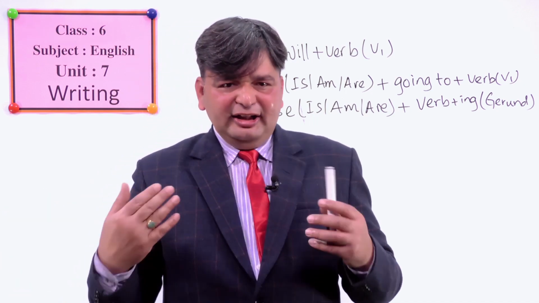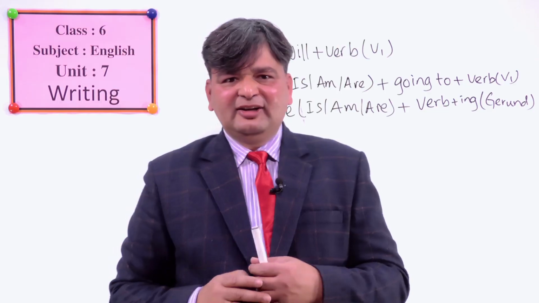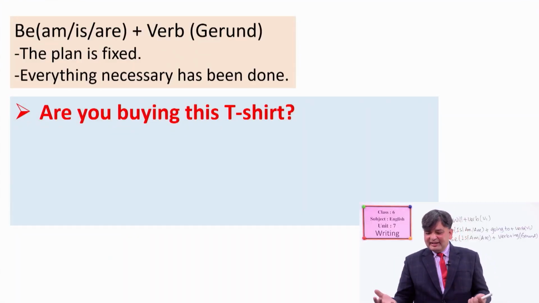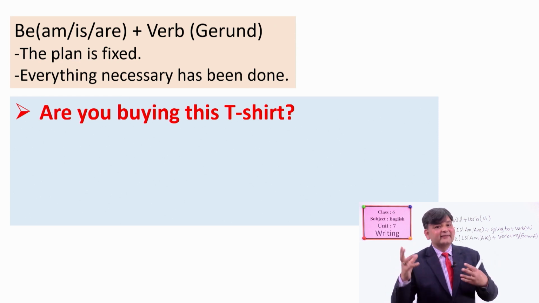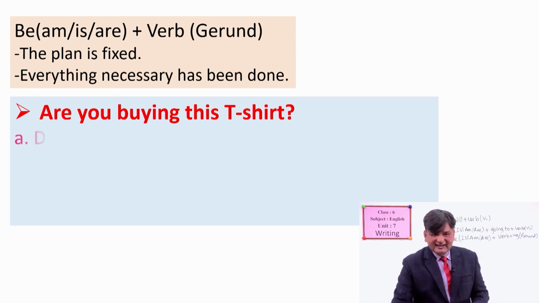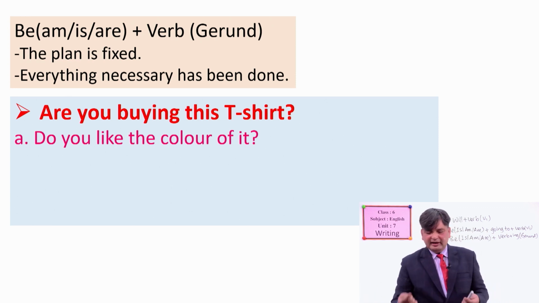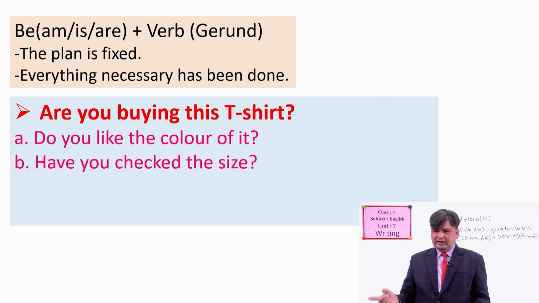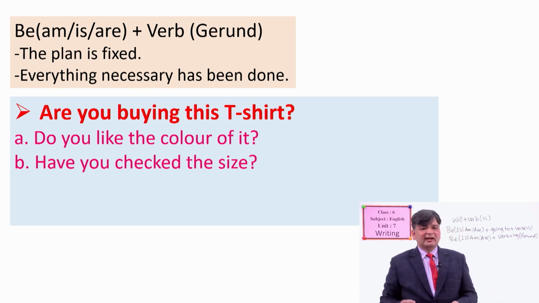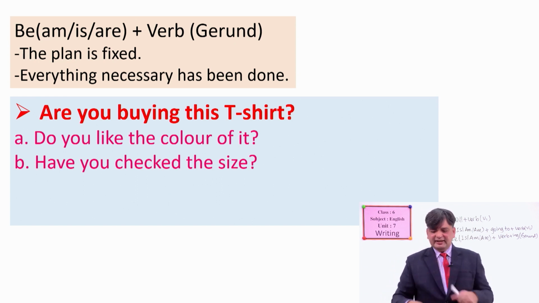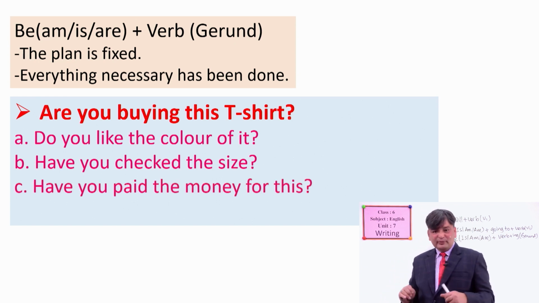Okay, the way, yeah, are you buying this t-shirt? So if you are buying something, you have to think of different conditions, like, do you like the color? Yes, we need to have yes answer for this. And have you checked the size? Another preparation for buying something that is for wearing. We have to check the size, and then have you paid the money?